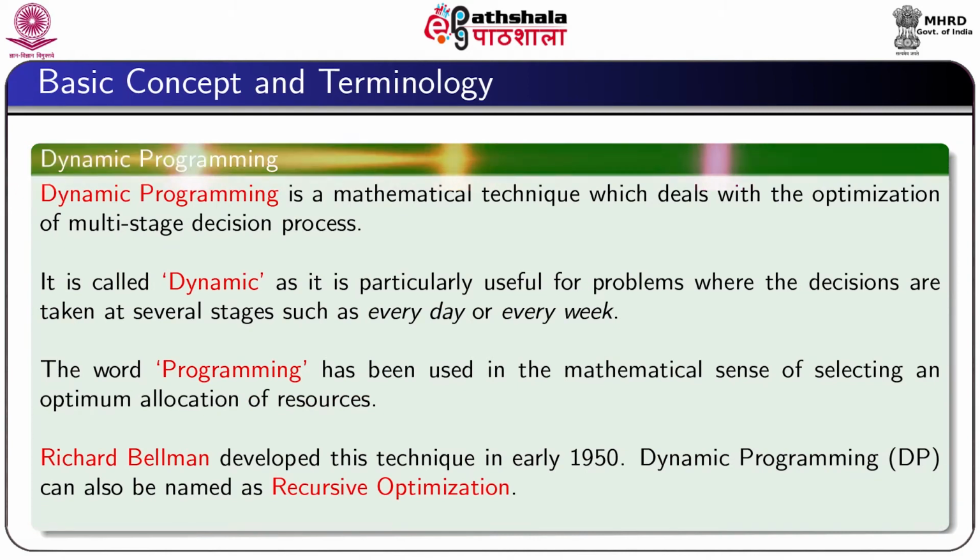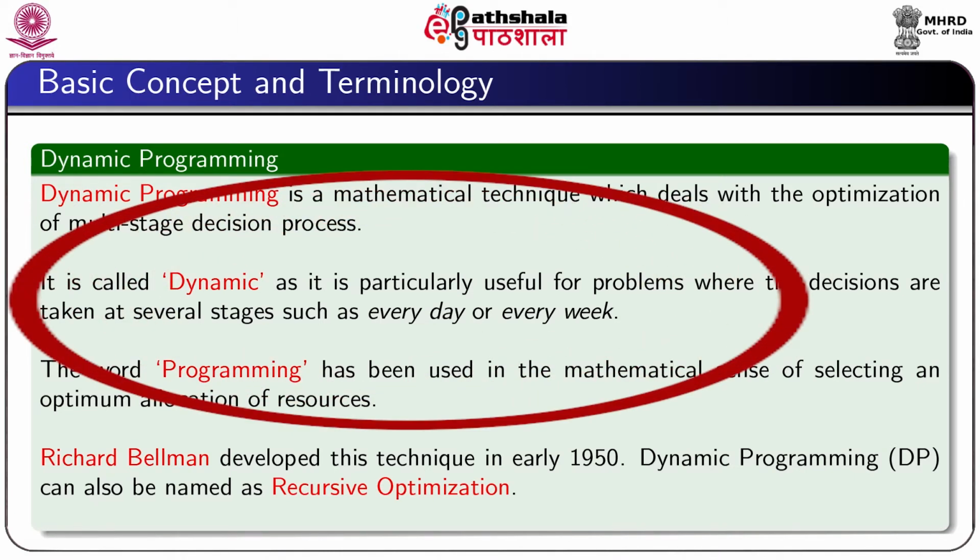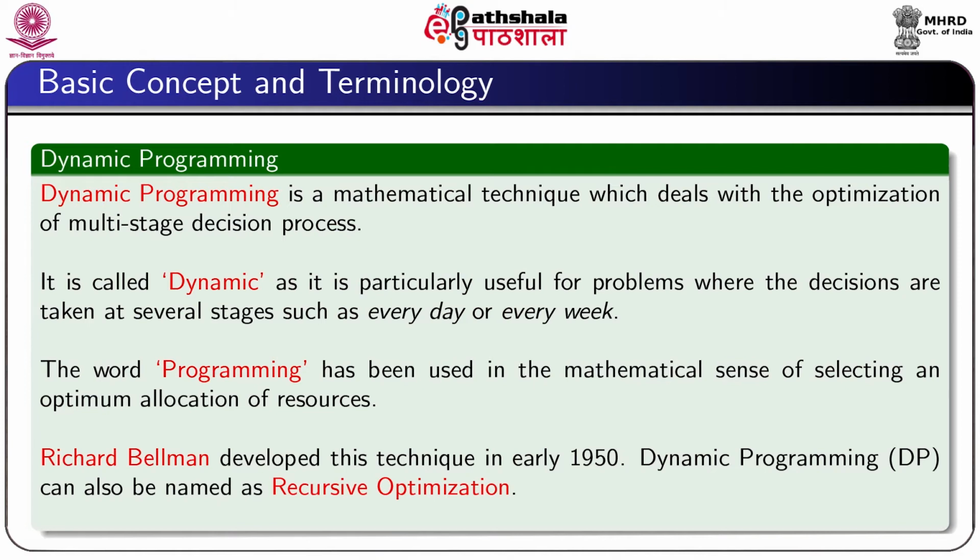Thus, dynamic programming is a mathematical technique dealing with the optimization of multi-stage decision process. It is called dynamic because it is particularly useful for problems where decisions are taken at several stages, such as every day or every week.